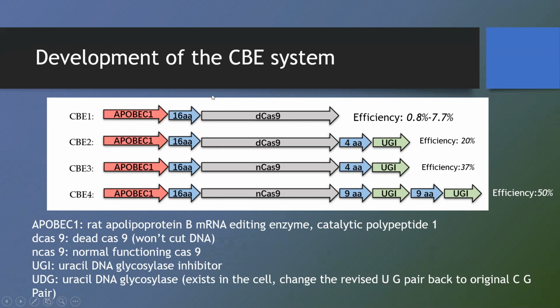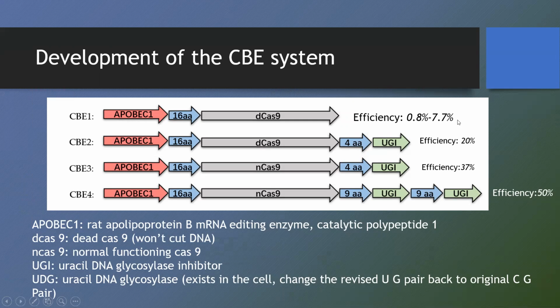The first generation, CBE1, used APOBEC1, an enzyme from rat, and the dead Cas9 system as the ingredients. Because of the UDG, the element that could reverse the situation back to the original one, the base editing efficiency is very low, in the range from 0.8% to 7.7%.